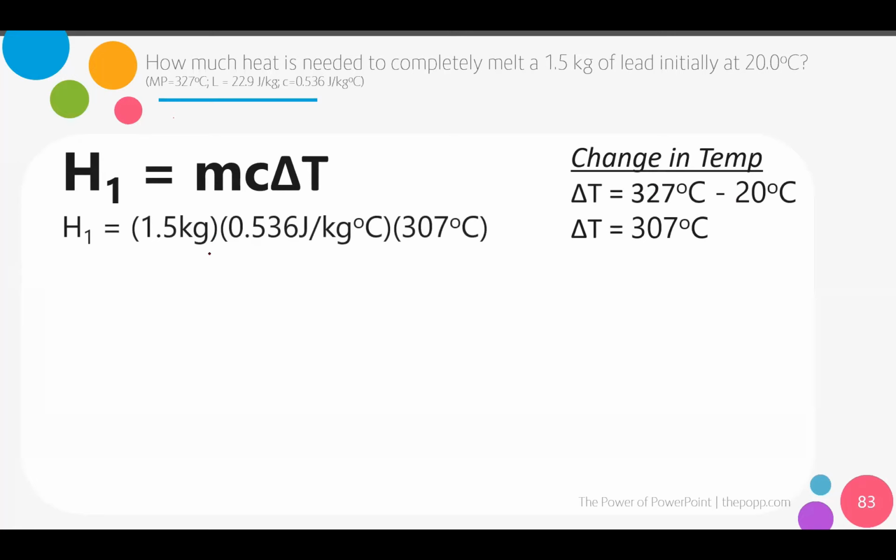Then substitute, cancel yung kilogram and yung Celsius. Then multiply. So that is 246.828 joules.